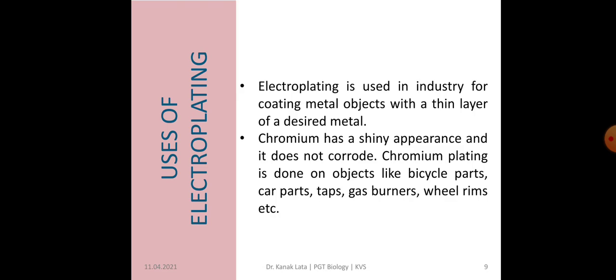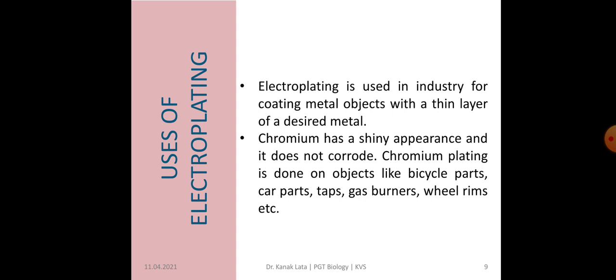Now let us see what the uses of electroplating are. Electroplating plays an important role in industry for coating metal objects with a thin layer of any desired metal. It prevents rusting also.